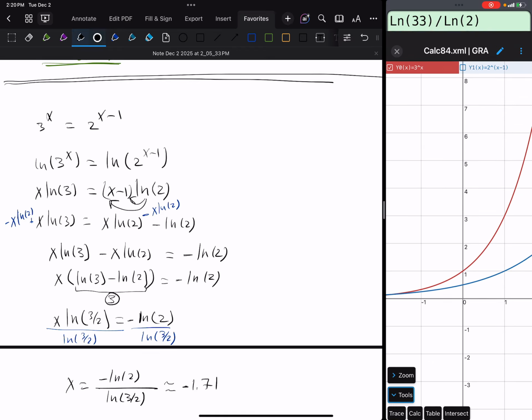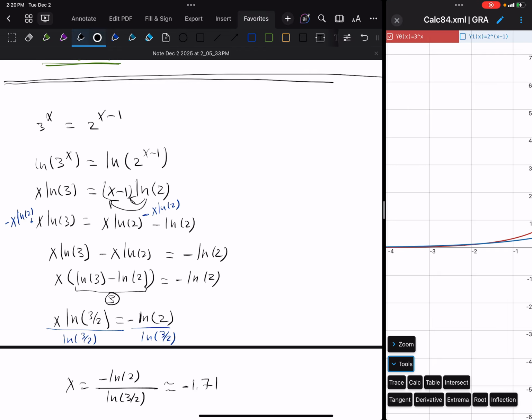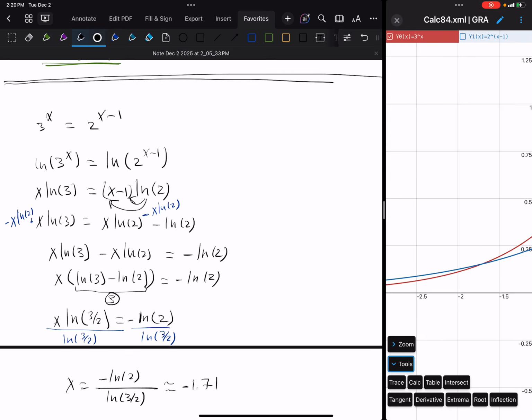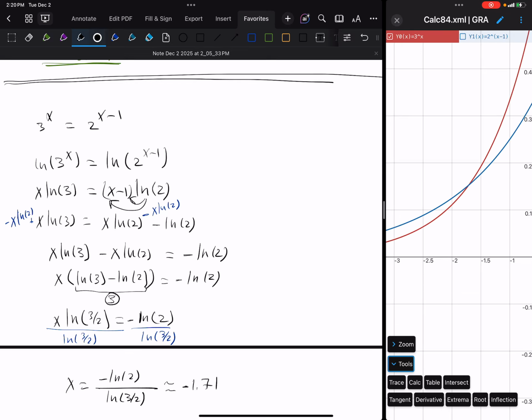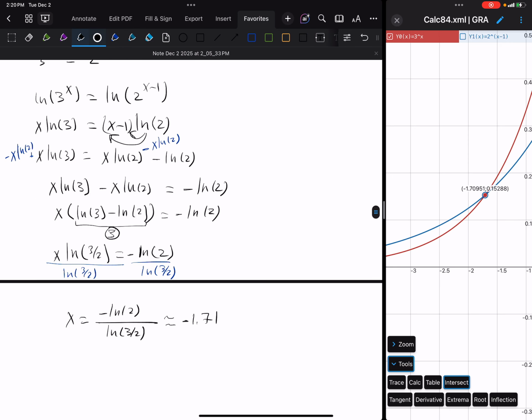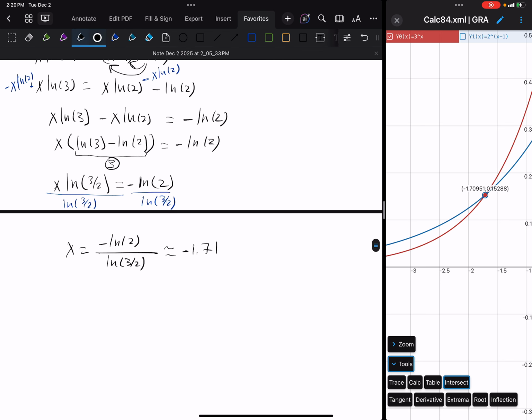I would graph those two, and I would zoom in, try to find visually the intersection between the two, and then numerically I'd find the intersection, and that negative 1.71 looks to be the solution. So it's a good way to quickly check our work and make sure that we've gotten the right answer.